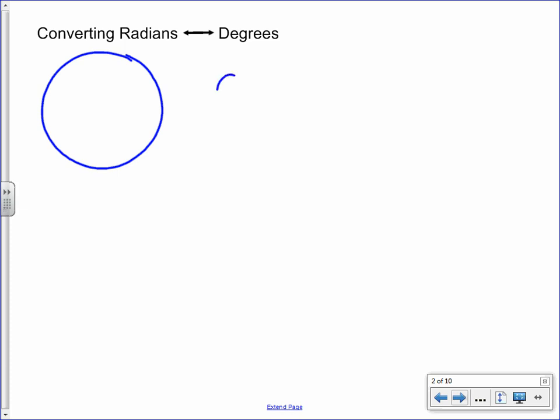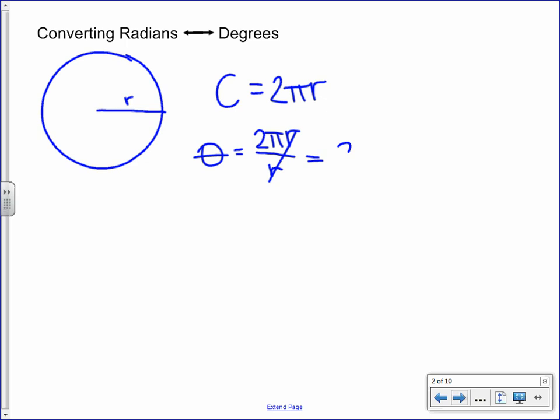So our circumference is 2 pi r, which can be considered the length of that arc of the entire circle, right? And so if we think about a radian measure, we take arc length divided by radius, and we get 2 pi. That is why a complete rotation is 2 pi radians.